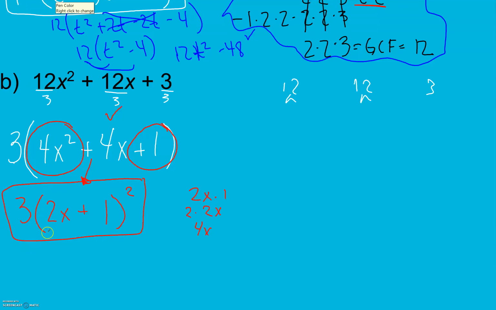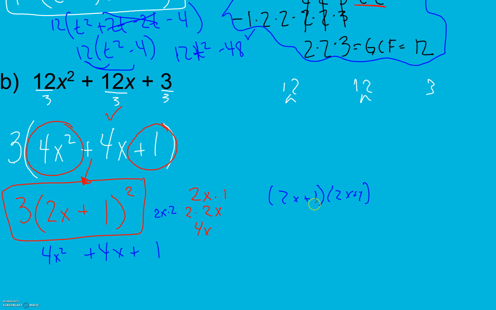We can check this. Take 2x plus 1 times 2x plus 1, or we can use our shortcut, square it, multiply them together, and double it.